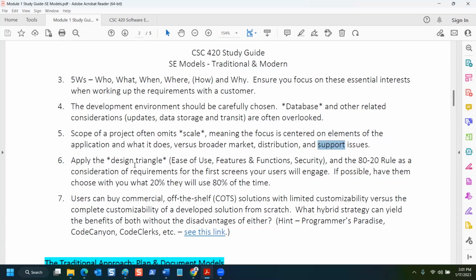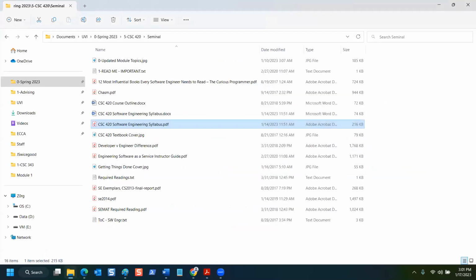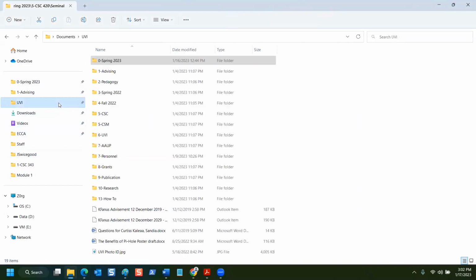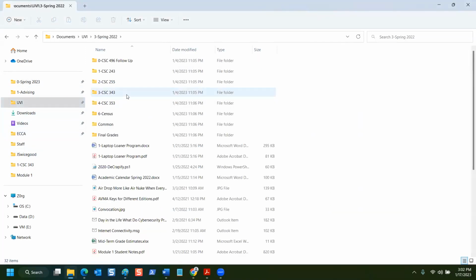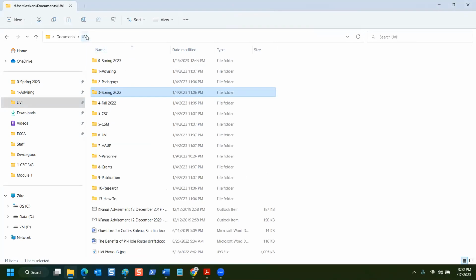The design triangle, does anyone remember the design triangle? From previous classes?